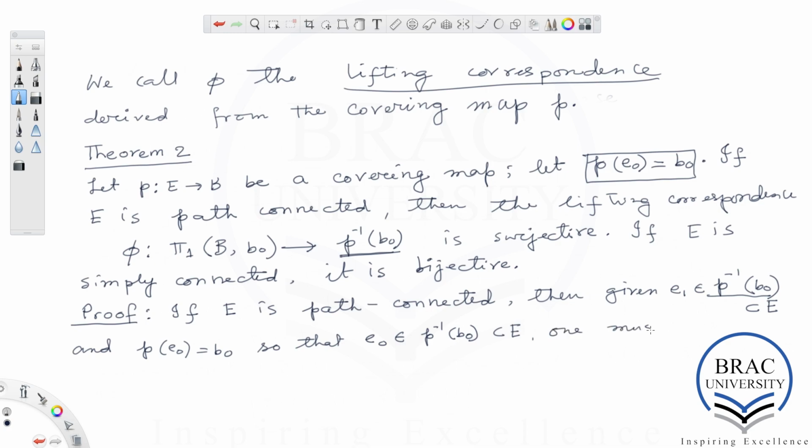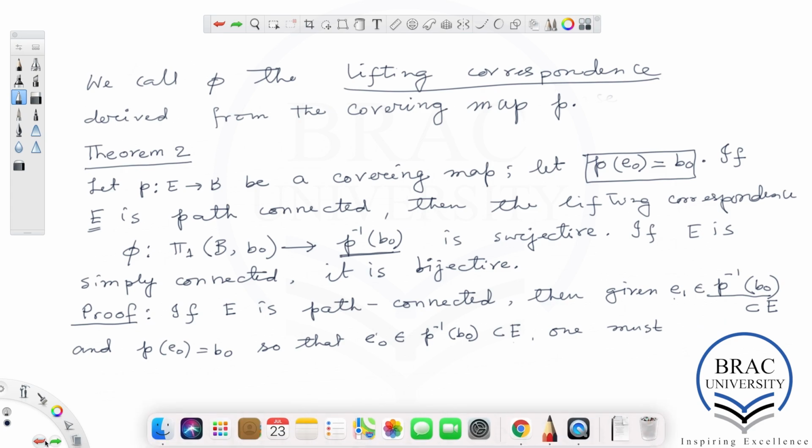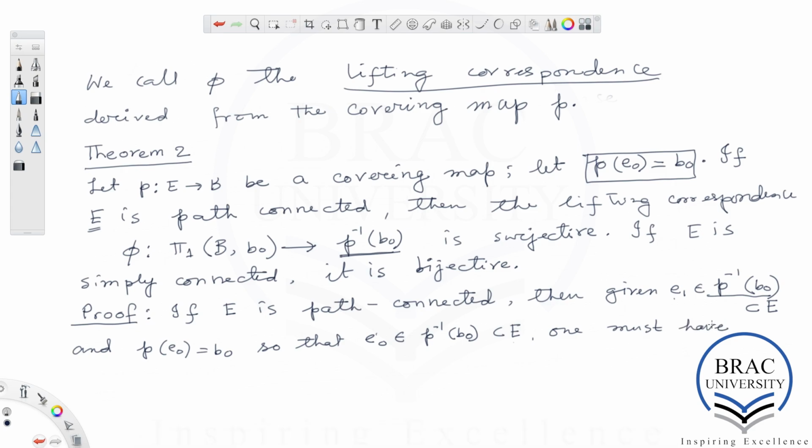One must have, since E is path connected, so these 2 points lie in E, so the path joining these 2 points will also be inside E. One must have a path F bar in E from E0 to E1.